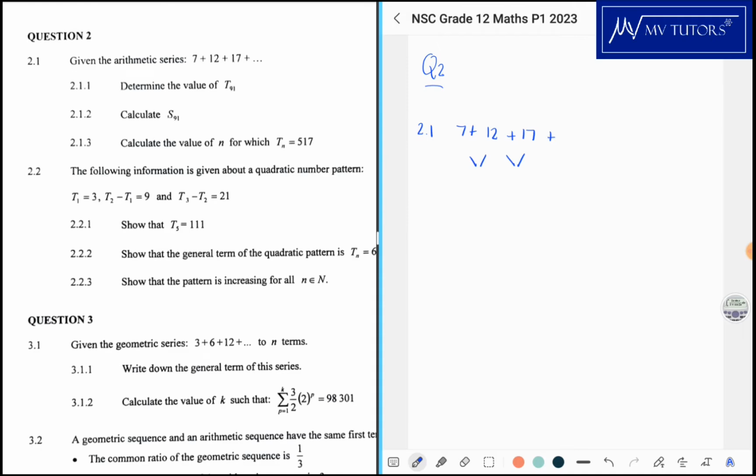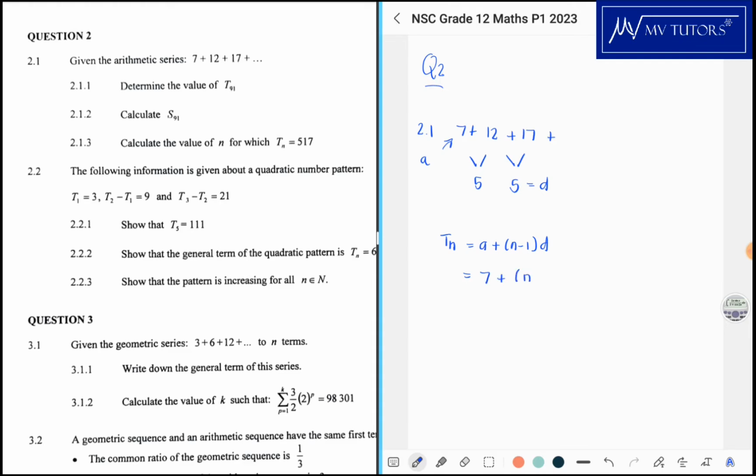So if I say 12 minus 7, I get 5. If I have 17 minus 12, I get 5. So that is the common difference. And we have our A value. So let's see, can we get our Tn formula so that we can get the 91st term? Most definitely. So we know our Tn formula is equal to A plus n minus 1 times D. So our first value is 7.